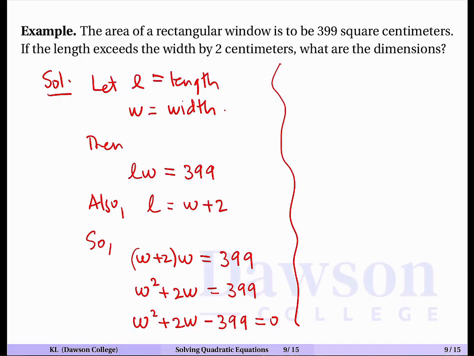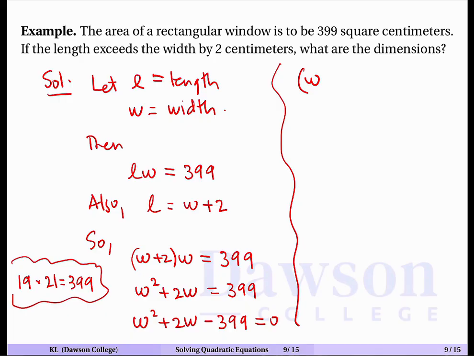This is a very big number, okay? But I think it's possible to factor this out. 399, I think this is 19 times 21. Yep. So if we do factoring, 19 times 21 is 399.